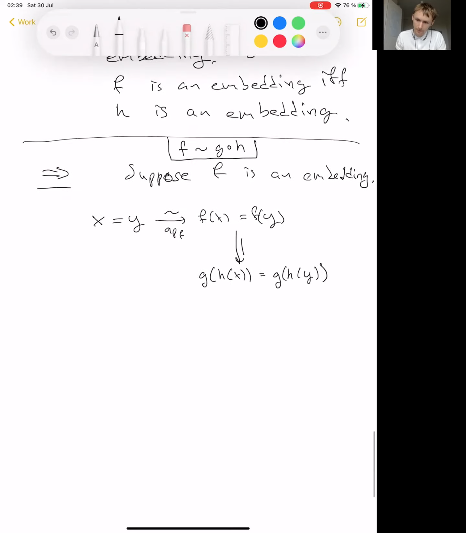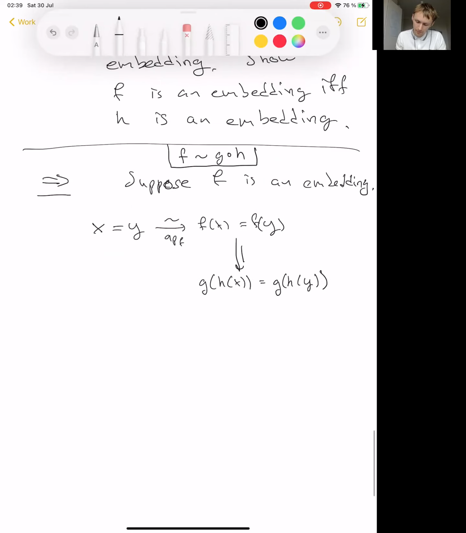But well, we have another function, app of G, that takes us here from Hx equals Hy. And now by assumption, app of G was an equivalence because we assumed that G was an embedding. So let's actually write it the other direction. App of G inverse takes us here.